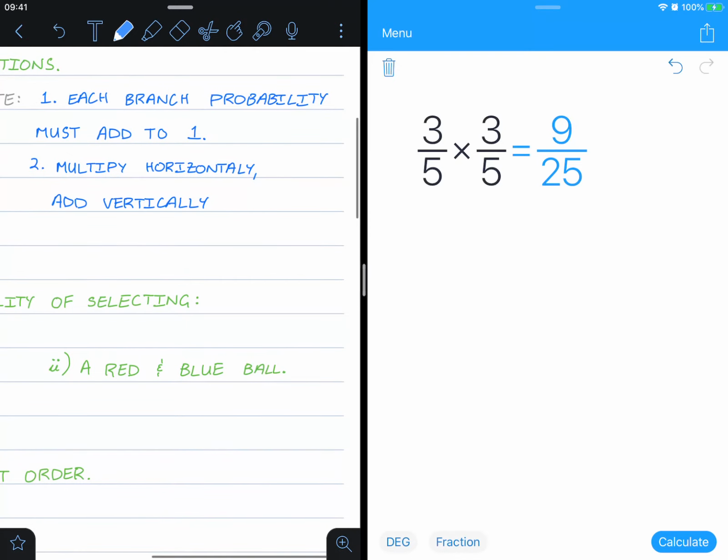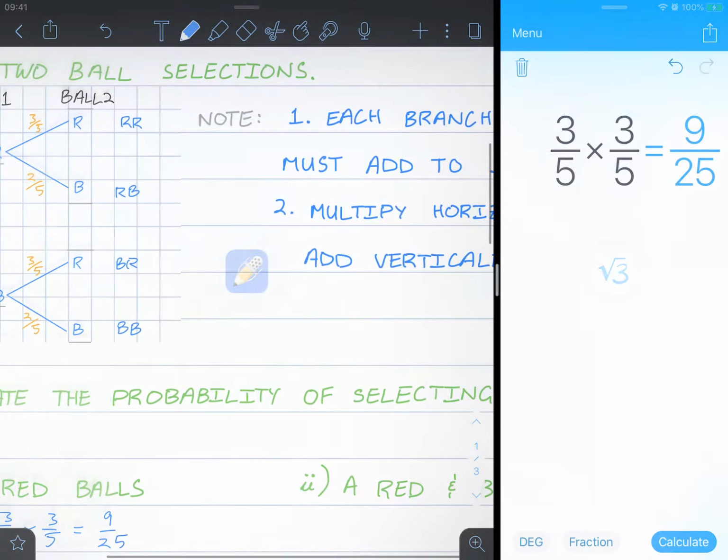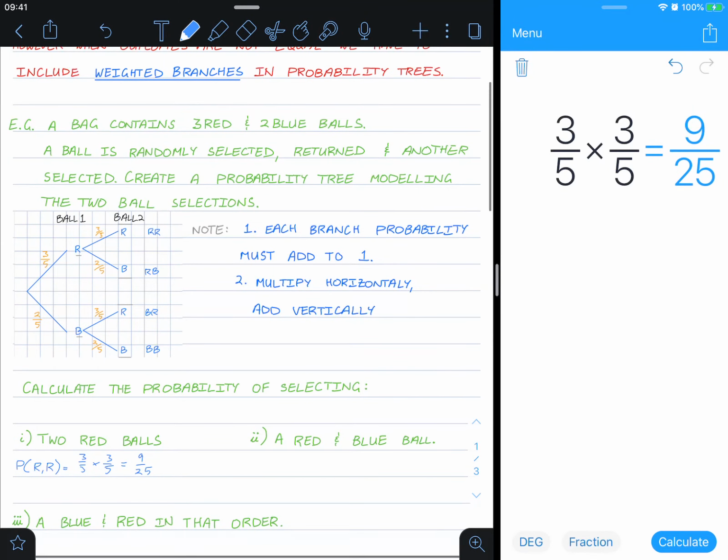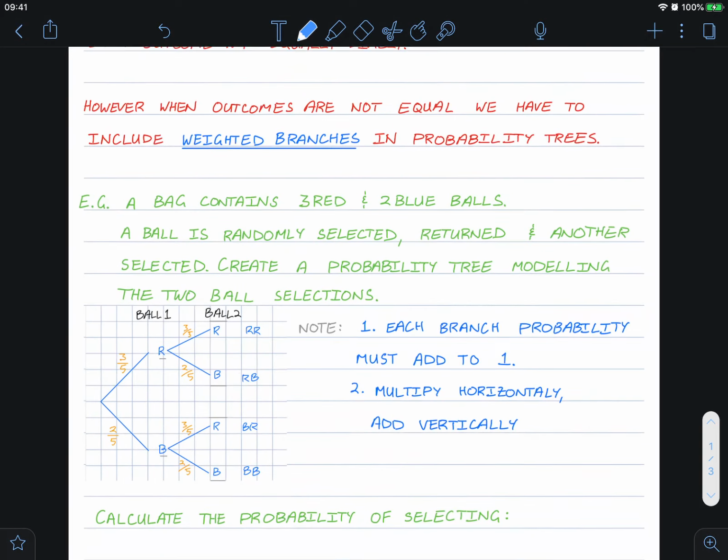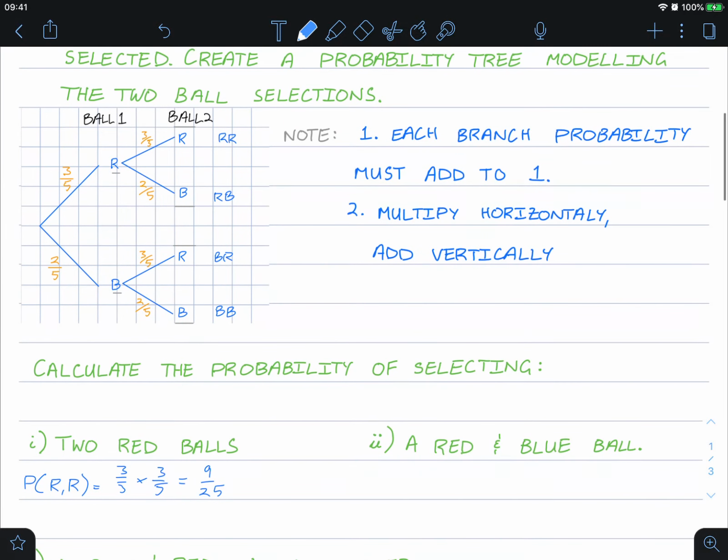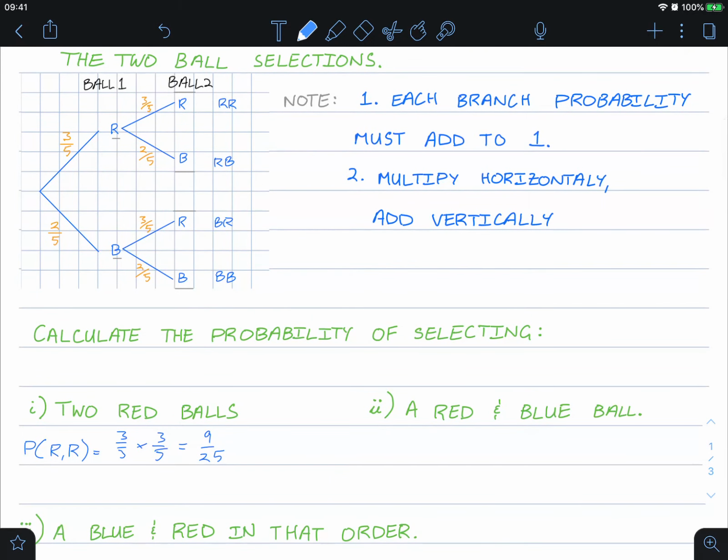What's the probability of getting a red and a blue ball? Well, notice how it said just a red and blue ball, not specifying whether it's red and then blue, or blue and then red. So we could get probability of red, blue, or the probability of blue and then red.